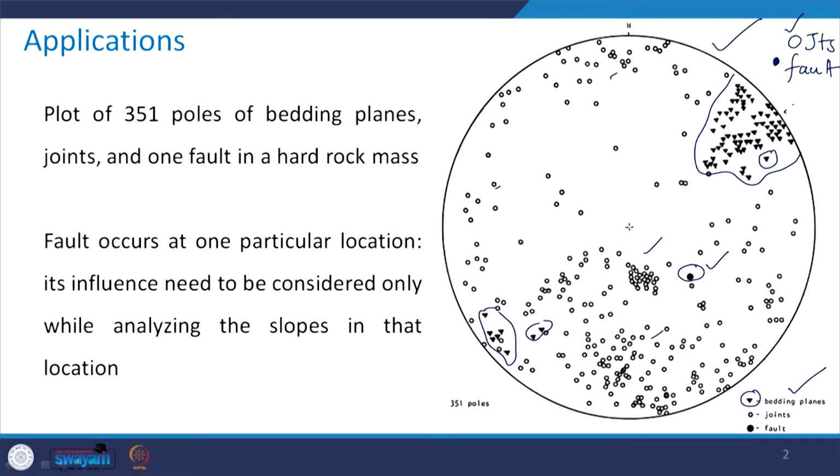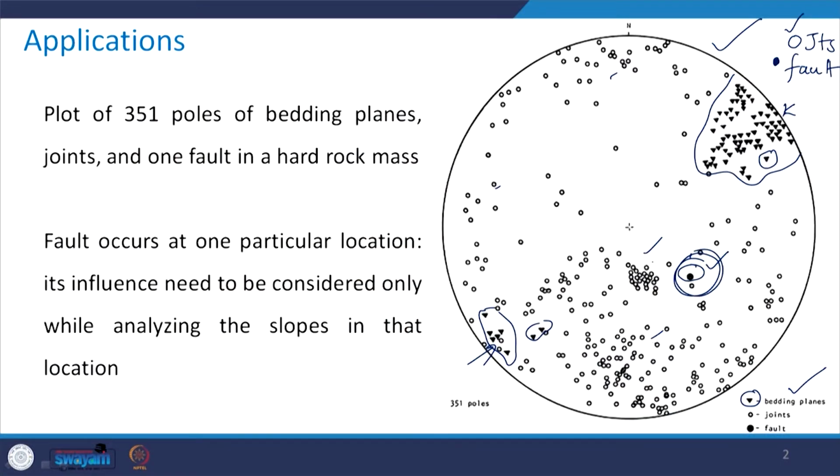We will see how these are helpful. So, as I mentioned, bedding planes are here in this zone and some are here in this zone. There is only one fault and joints are all around. So, as far as the fault location is concerned, we now know the location of the fault. Now, let us say I need to analyze a slope in this nearby area, then only I have to bother about this fault, otherwise not.